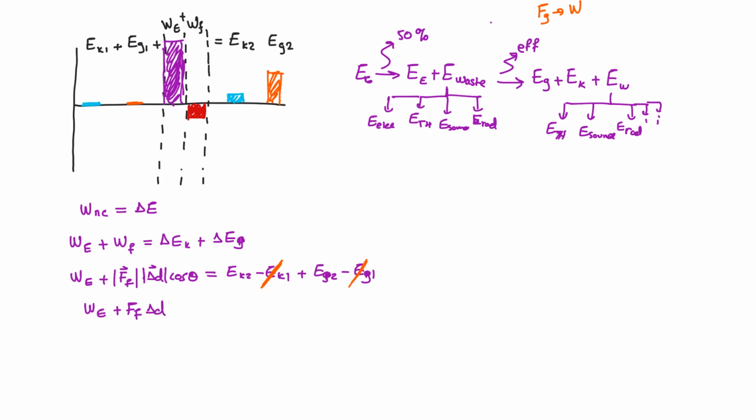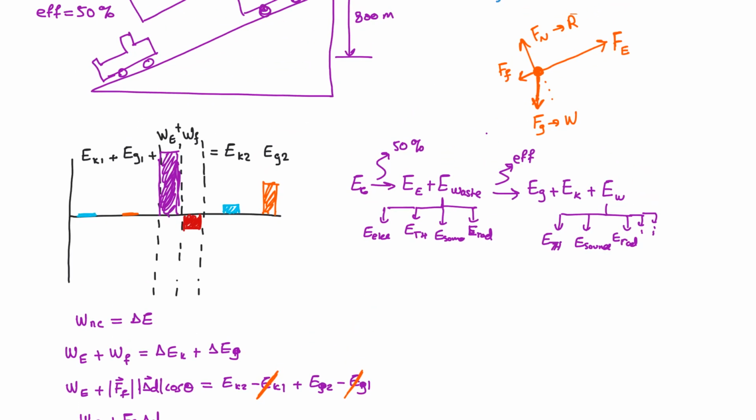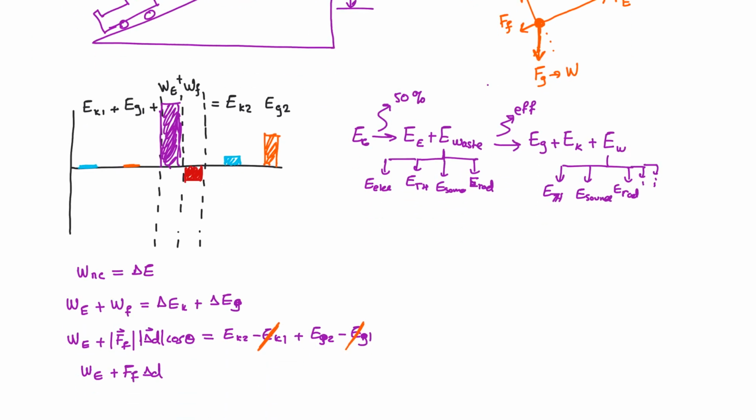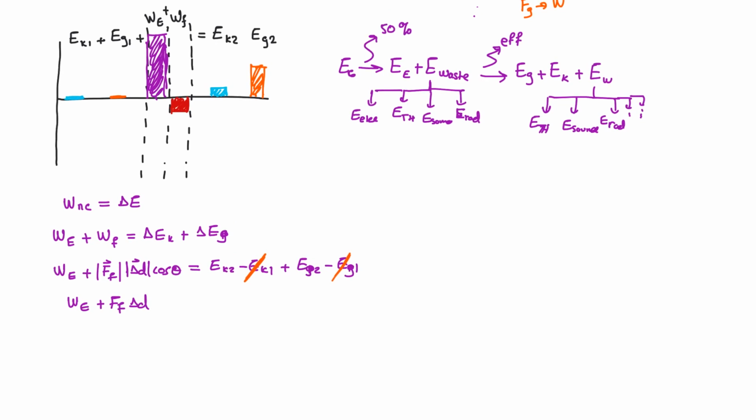Now, for my angle, just looking at my force diagram back here, I can see that my frictional force is going in this direction, so that's down the hill, and my displacement is up the hill. So the angle between the two, if I were to draw these out, I'm going to draw them out here so we can see them. Force of friction is going in this direction, displacement is going in this direction, and the angle between them is 180 degrees.